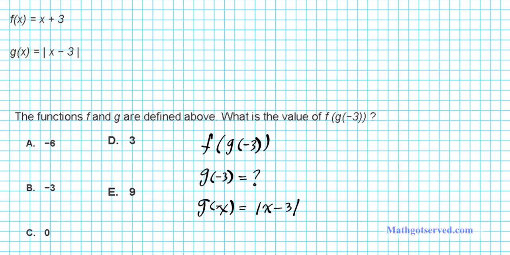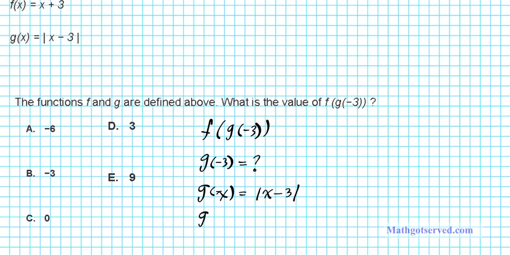So if that is g of x, g of negative 3 simply means I'm going to plug in negative 3 into wherever you have x in this equation. Okay? So if we do that, we'll have the absolute value of negative 3 minus 3. That equals absolute value of negative 6. Final answer is 6.